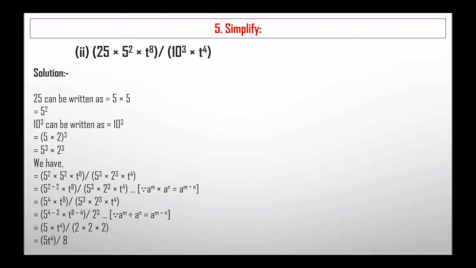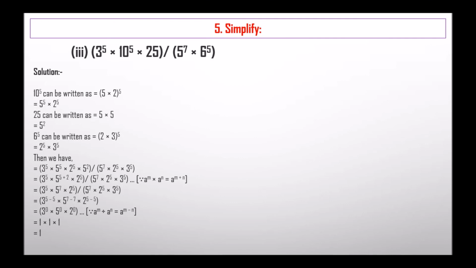So 2 plus 2 is 4, and we subtract the powers: 4 minus 3 is 1, t raised to 8 minus 4 is t raised to 4, and 2 cube is 2 into 2 into 2. So the answer is 5t raised to 4 divided by 8.